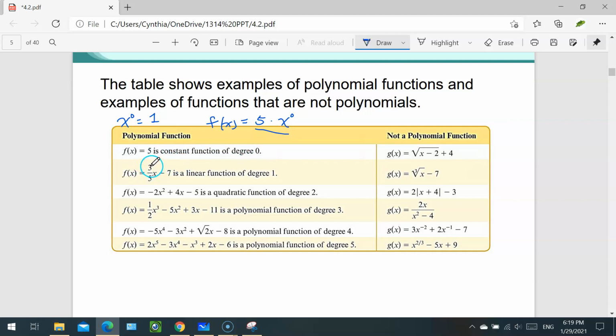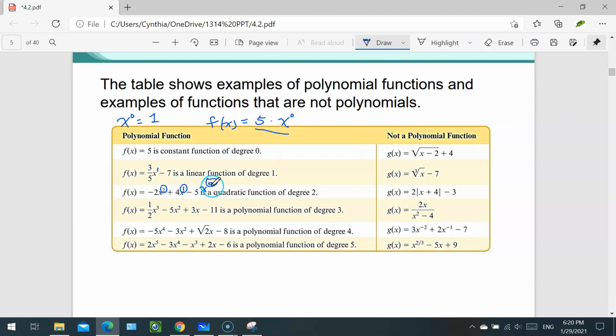The next function is 3 over 5 x minus 7. Since this x term has a degree power of 1, this is a polynomial. Negative 2x squared, this power is a positive integer. Plus 4x, x has power 1, a positive integer. Minus 5, which has x to the power 0, also a positive integer.